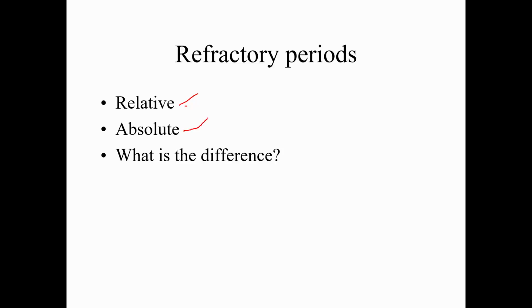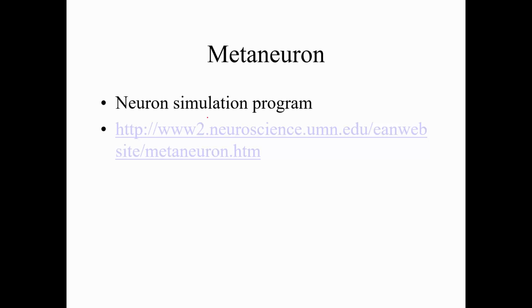No matter what, the neuron will not generate an action potential. So in the first case, the neuron is relatively refractory. It doesn't respond to a typical stimulus, but if you give it a bigger stimulus, it will. Absolute refractory, it doesn't matter what the size of the stimulus is, you won't get the action potential.